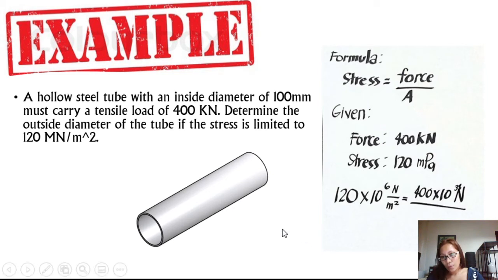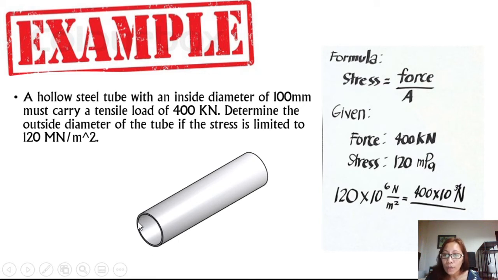So we have this hollow steel, with a hollow space in between. We have here the inside diameter, which is 100 mm, and we also have the outside diameter.